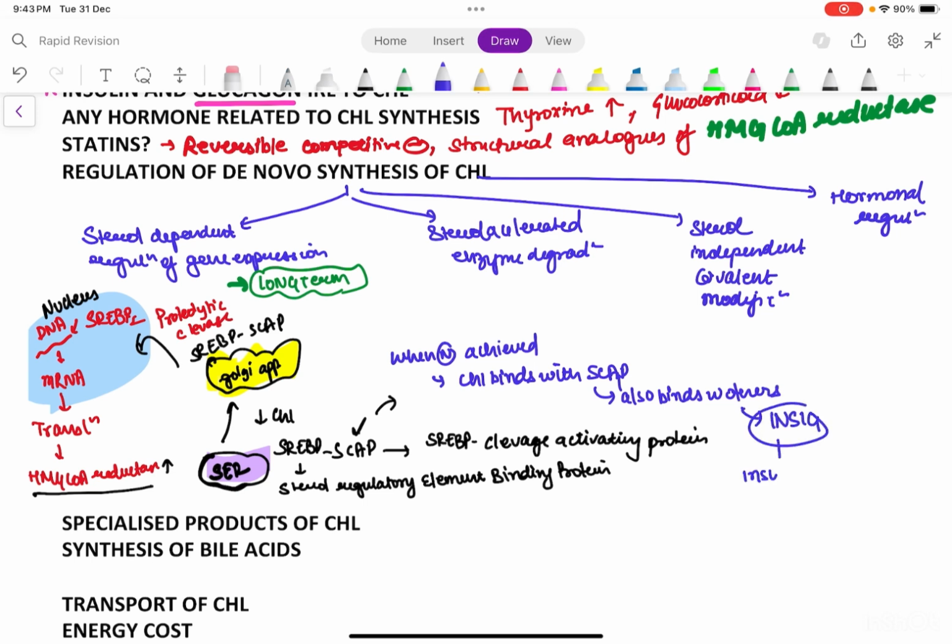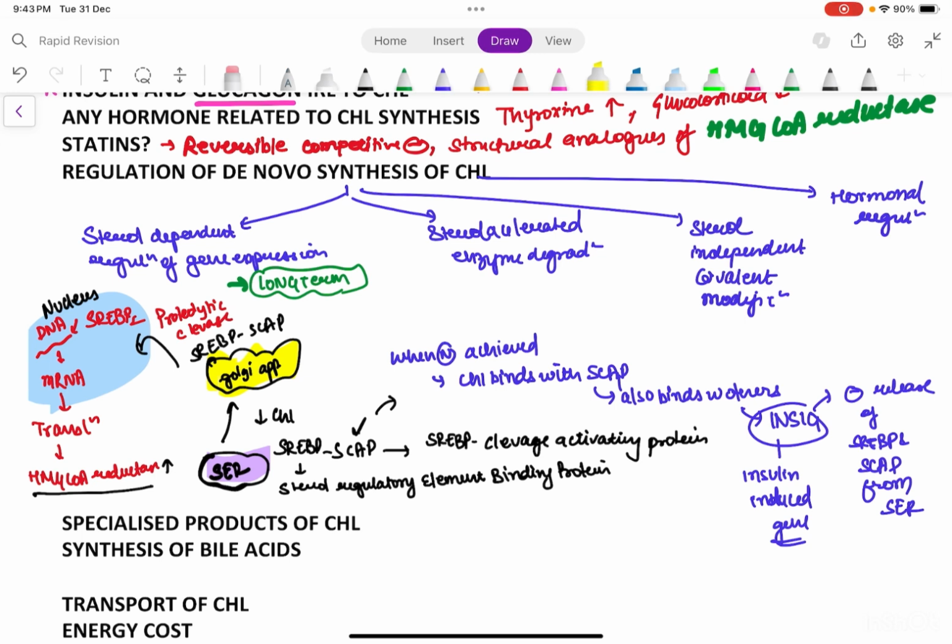So this is insulin induced gene. When it binds, it will prevent the release of SREBP and SCAP from the smooth endoplasmic reticulum. Now let's go through this once again. Normally SREBP is present in our smooth endoplasmic reticulum.